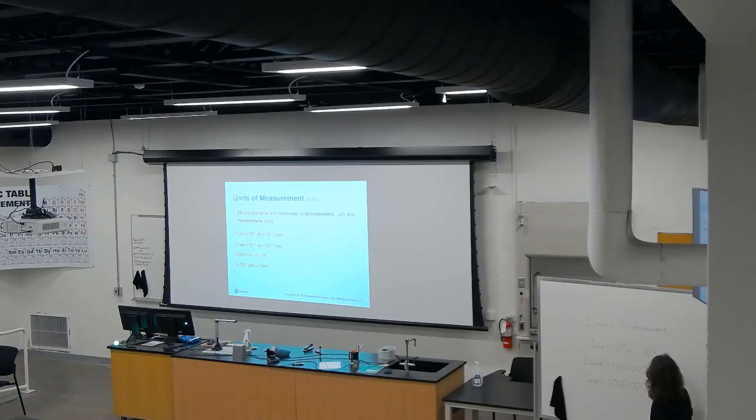So how many nanometers do we have in one millimeter? I wrote that incorrectly. 1 million, right? Because 1 nanometer is 1 millionth.